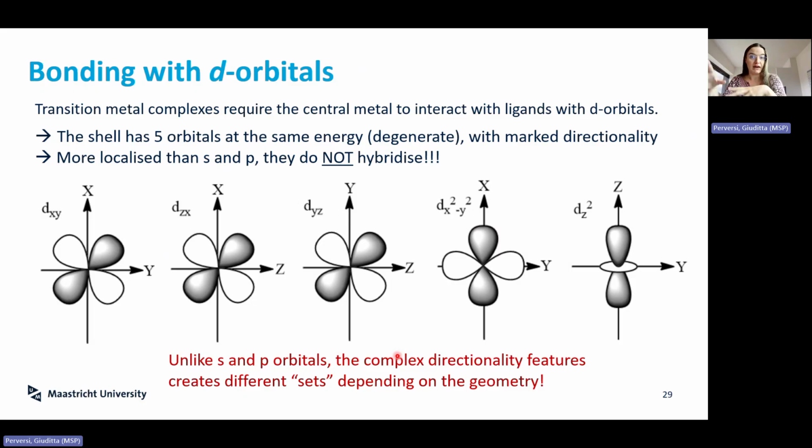Unlike something like ammonia, in which you only have s and p orbitals because you're using main group elements, in transition metals your valence shell is identified by d orbitals. So the d set is characterized by 5 orbitals, all degenerate in energy. They are more localized than the s and the p orbitals.